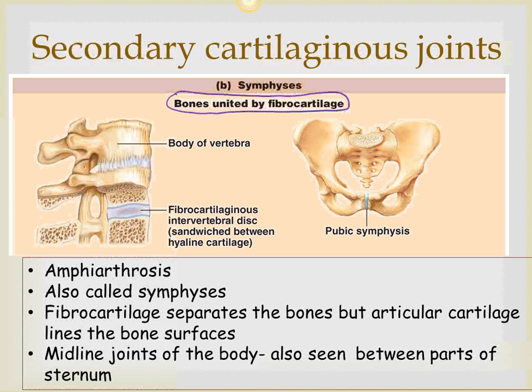So that's why we also call them amphiarthrosis, which means partially movable. Another name for these joints is symphysis. The singular is symphysis, the plural is symphyses. So these joints are also known as symphyses or symphysial joints.